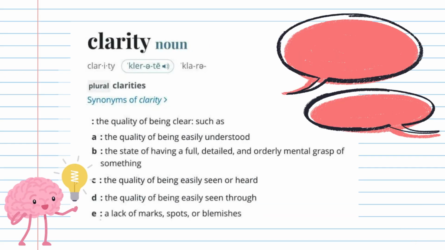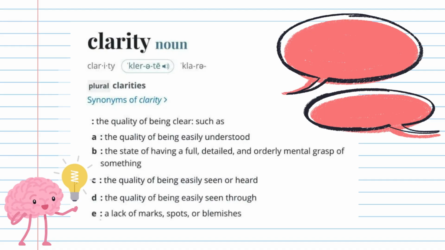So what does clarity mean? By definition, clarity is the quality of being clear, easily understood, or having a full, detailed grasp of something.